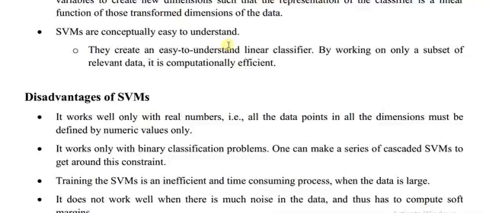It works only with the binary classification problem. One can make a series of cascaded SVMs to get around this constraint. So this support vector machine works only for binary classification, meaning when we have only two classes, in such cases we use the support vector machine.